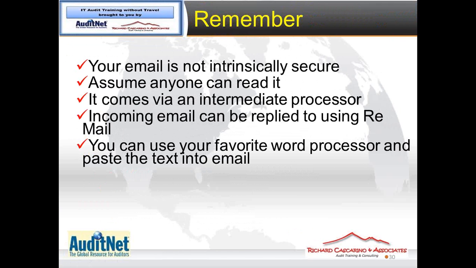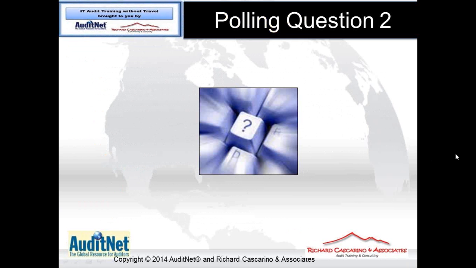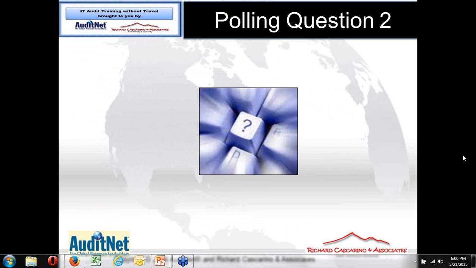And that brings us to our second polling question. Our second polling question is looking at common causes of internet risk.